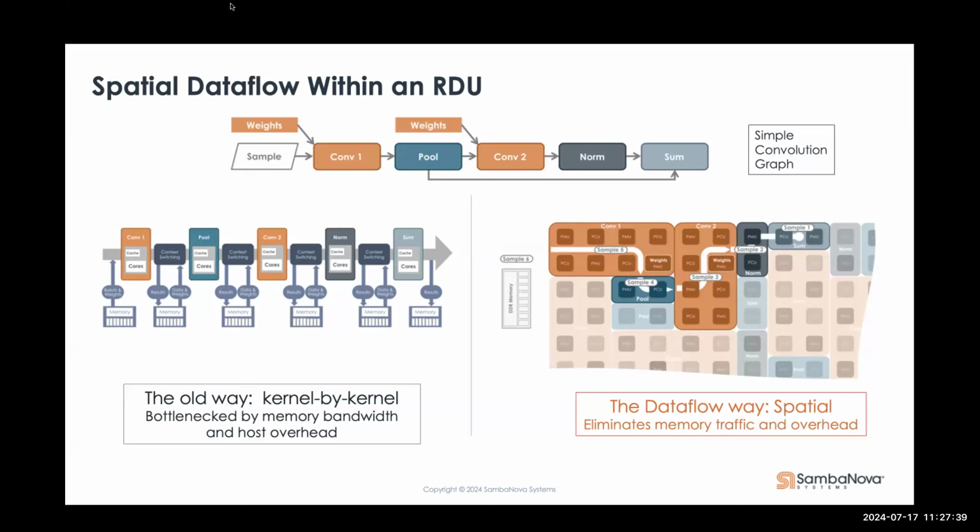On the other hand, what we do is essentially take a graph like you see here, and we compile it and lay it across the chip, right? And that's what you see on the right-hand side there. So our chip is architected to hold the entire model during the time of its execution. So the entire model is laid out on the chip, and then the data kind of flows over it.